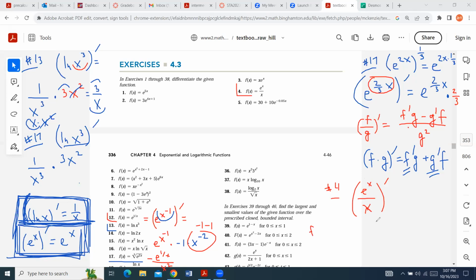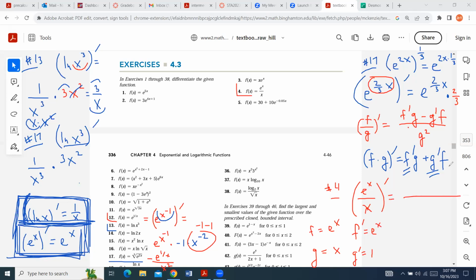That's why I'm going to call the numerator function f and the denominator function g, and then I need to take their little derivatives, and then I will be able to set up my fraction. So the derivative of x is 1, that's my favorite. The derivative of e to the x is another favorite, it's the same thing.